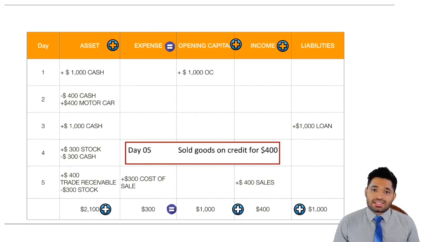And then you are selling your inventory, so you have a sale. A sale is classified as what? It's classified as an income, so your income will increase by 400, which is your sales. Okay, so this is illustration number 1 in the extended accounting equation.